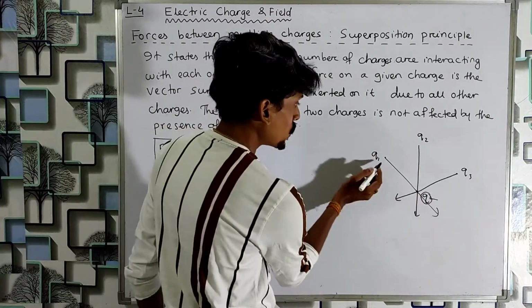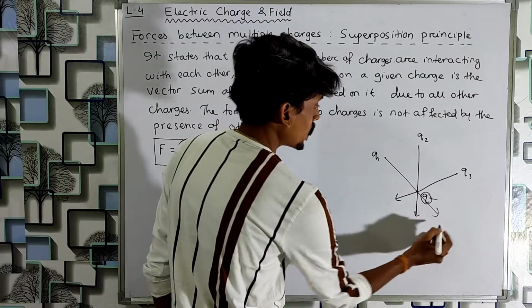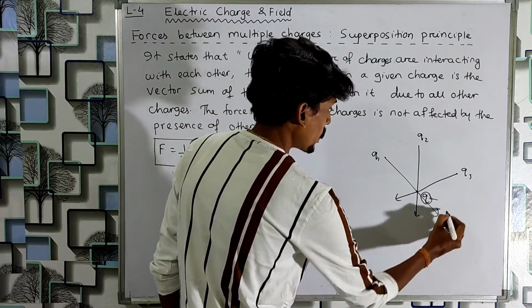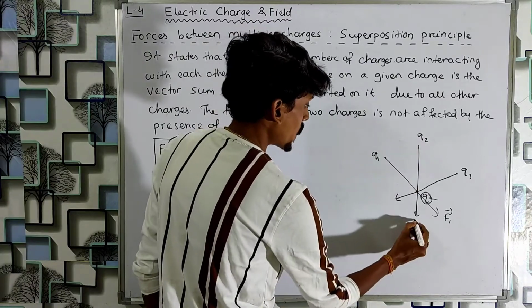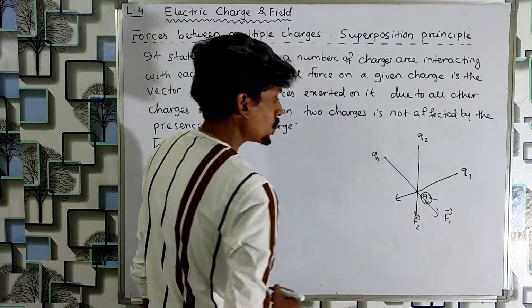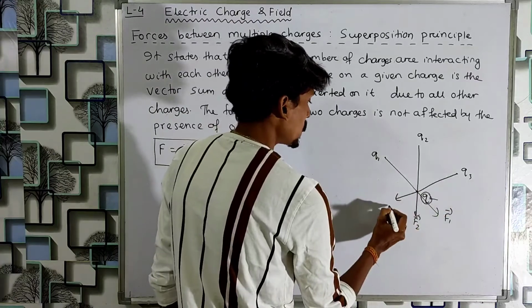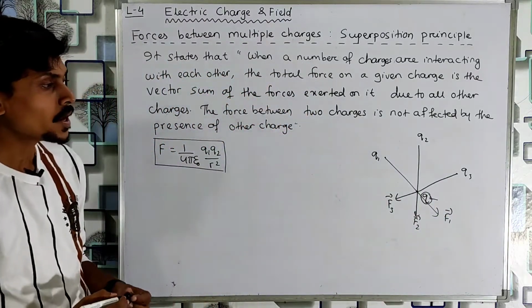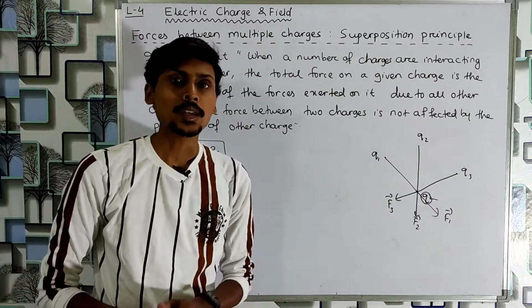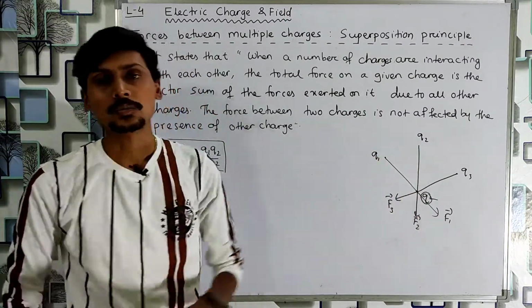Suppose the force exerted by Q1 is F1 vector, force exerted by Q2 is F2 vector and force exerted by Q3 is F3 vector.